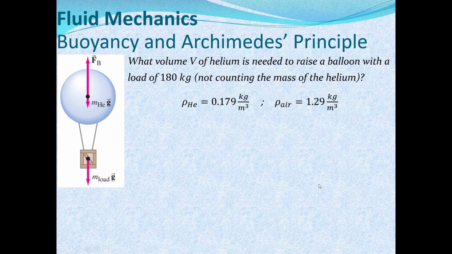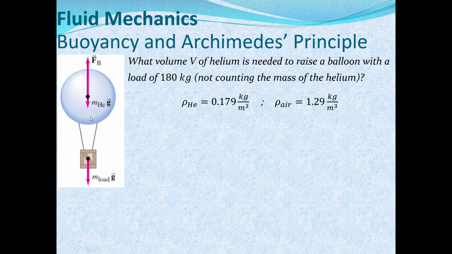All right, so once again, what we have to do is set up the sum of the forces. One thing I always have trouble with when it comes to buoyancy of something like a balloon is that I forget to include the weight of the gas, in this case, the weight of helium.